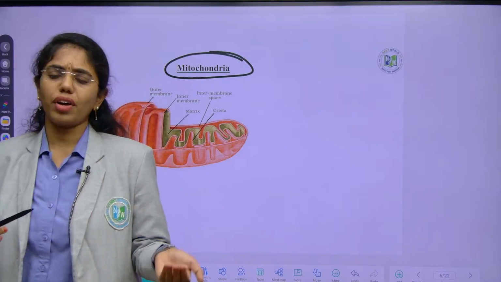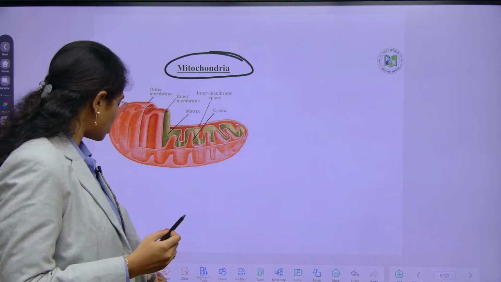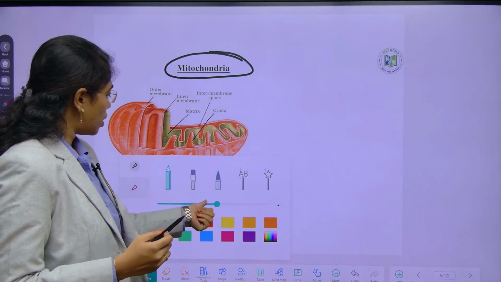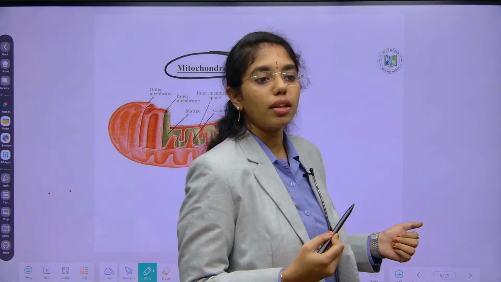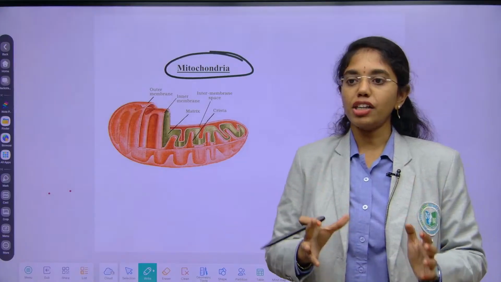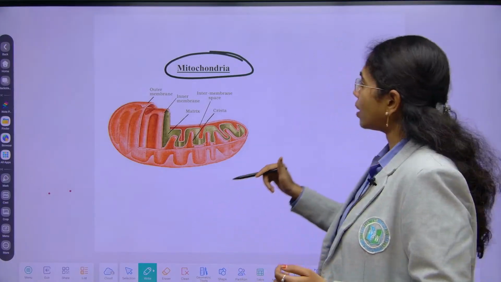Mitochondria structure varies from cylindrical to sausage shape, and the number of mitochondria present in each cell depends on the type of function that cell is performing. What is its shape?